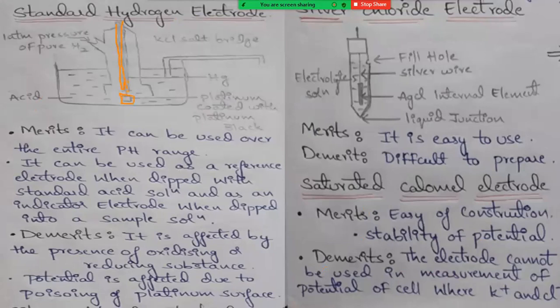When the platinum wire is placed in strong acids or strong bases, it can get melted out. So there is a coating on the platinum surface, which is called the platinum black coating, right? That's why at the end of the platinum wire there is a coating called platinum black.